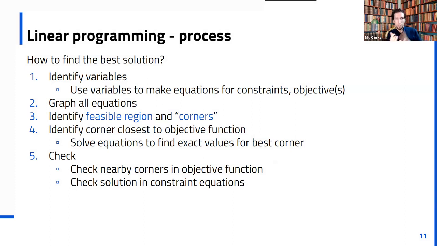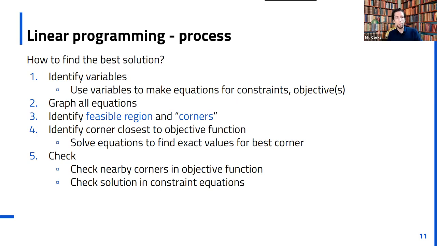So identify variables. What are the things that we get to play with, manipulate, and choose? What are the numbers that we can change? Then use those variables to represent everything else, the constraints and the objectives. We need to be able to talk about everything in the problem in terms of the same variables. For us, it'll always be just two variables.